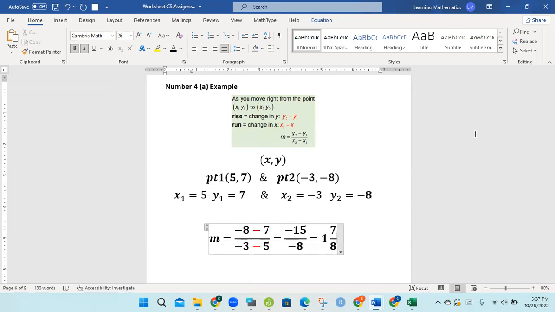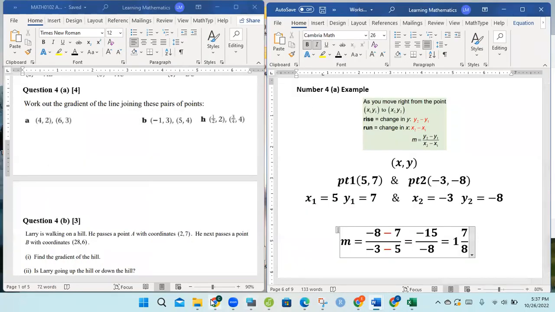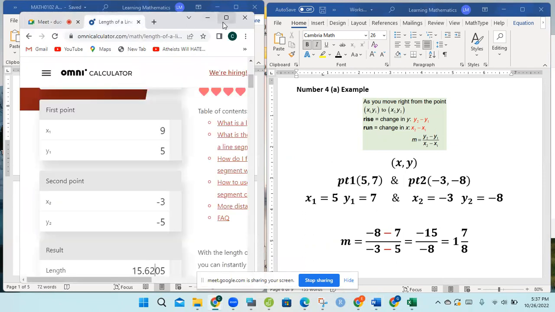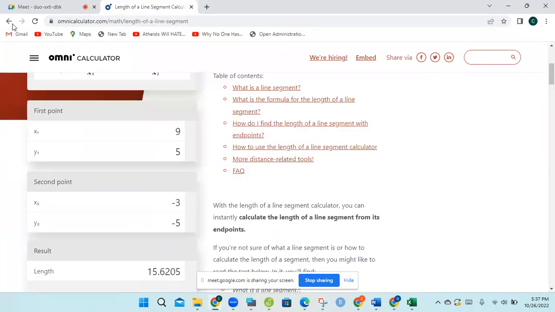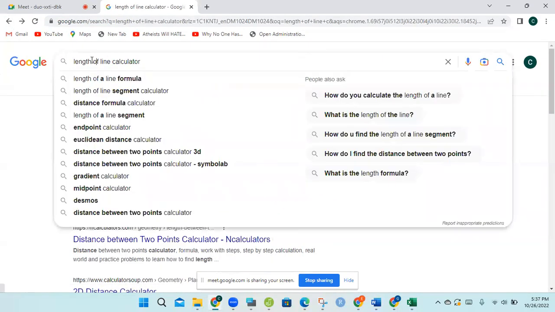And an idea just came to me. Is it possible to verify our answer in Google? Just like how we obtained a length of line calculator, is there such a thing as a gradient calculator?